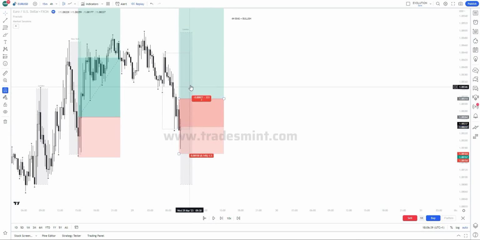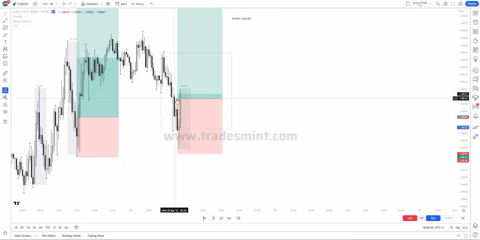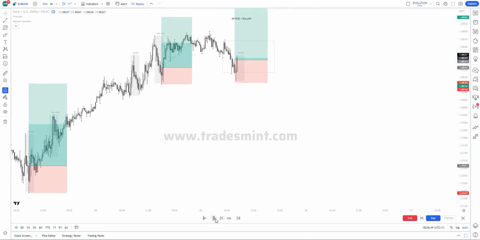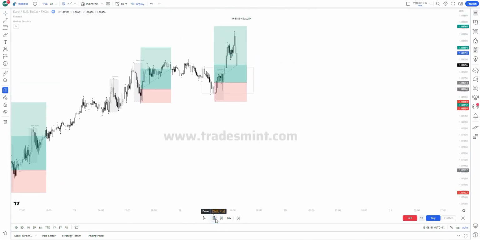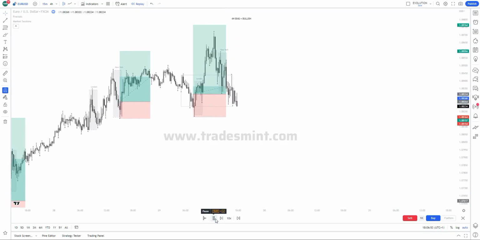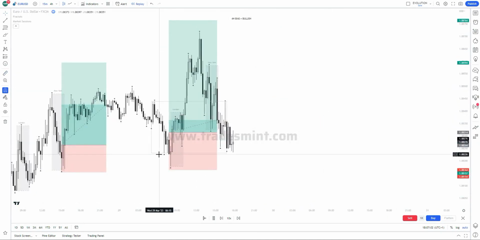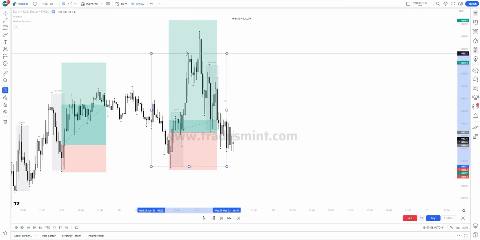Again, we manipulate the lows here, external range lows as well. Buy stop here, stops below the low, 15 pip stop. I believe I'm still in this trade. Yeah, it's close to entry. Close to TP, 4 pips. So we'll see how it goes setting up tonight.